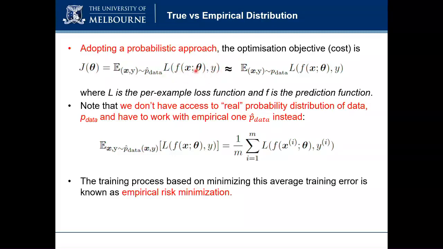So this is the loss function, with the output of the neural network, and y is the label or output of the supervised learning. And then you have the loss function of the two. So that is the big view that I've been talking about. Because we don't have the real probability distribution, we have to work with the empirical one, and then this expectation is empirically estimated, as I was talking about, with the empirical mean.